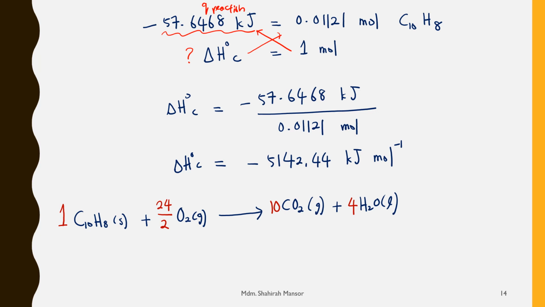So by having this, the value of delta H not combustion here will be written as negative 5142.44, with the unit in kilojoule per mole. So what is the meaning of this statement? It means that when 1 mole of naphthalene is burned, 5142.44 kilojoule of energy has been released from the reaction. And this kilojoule per mole refers to 1 mole of naphthalene burned.